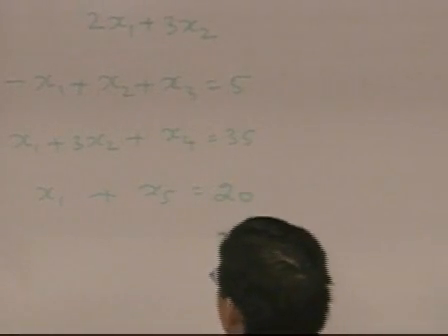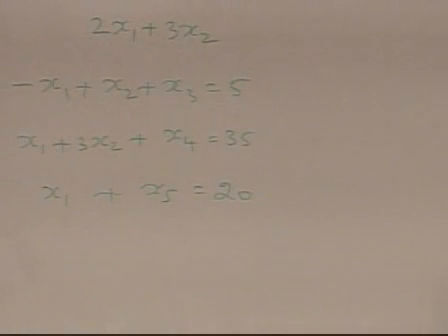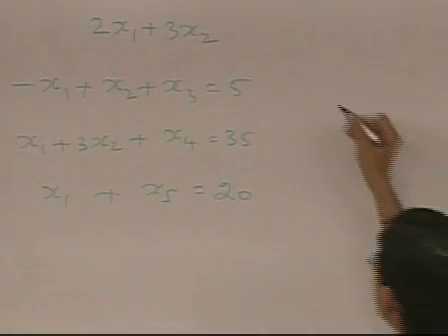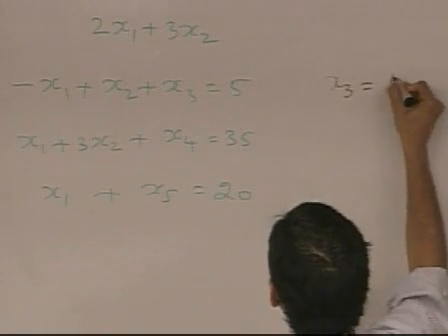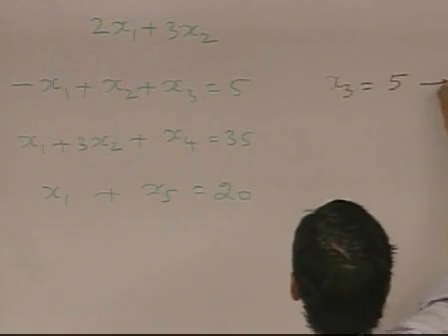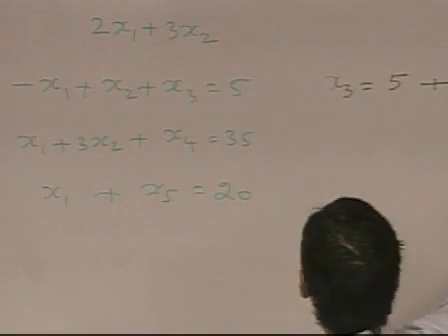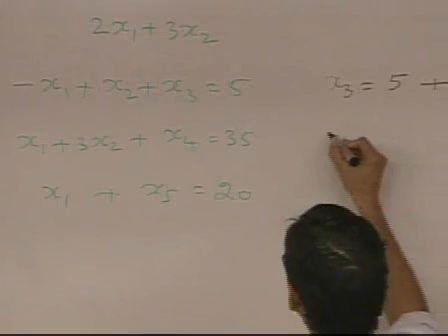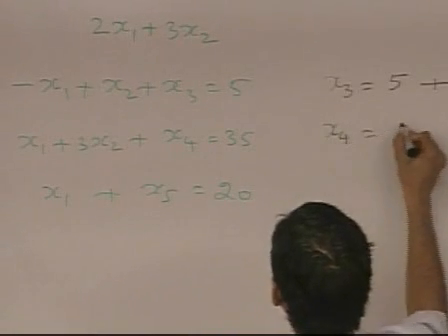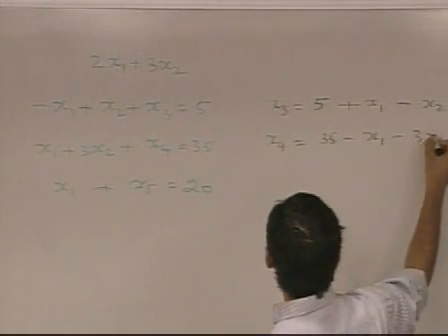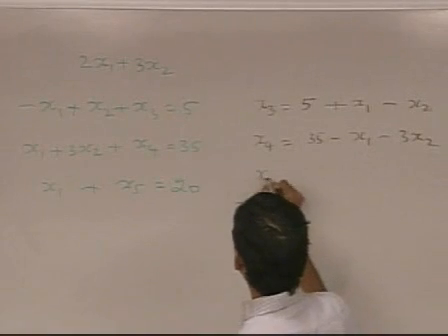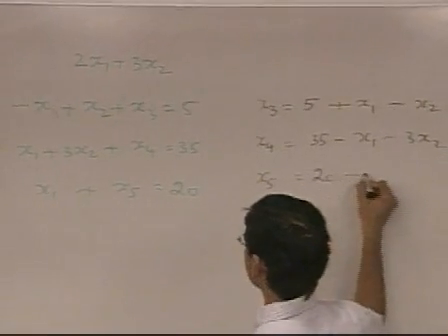Okay, so I want to rewrite this set of equations in a way that makes it a little more transparent. So x3 equals 5 plus x1 minus x2, x4 is 35 minus x1 minus 3x2, and x5 is 20 minus x1.